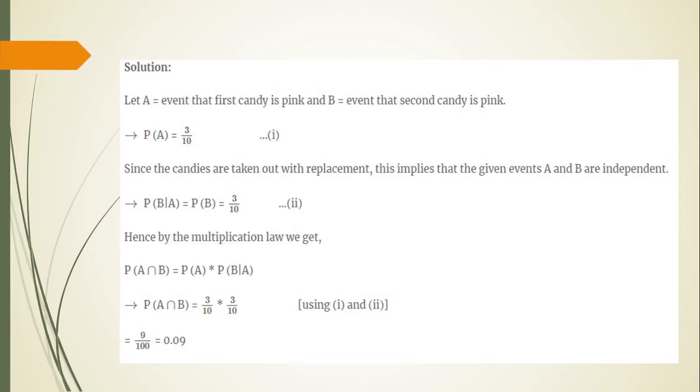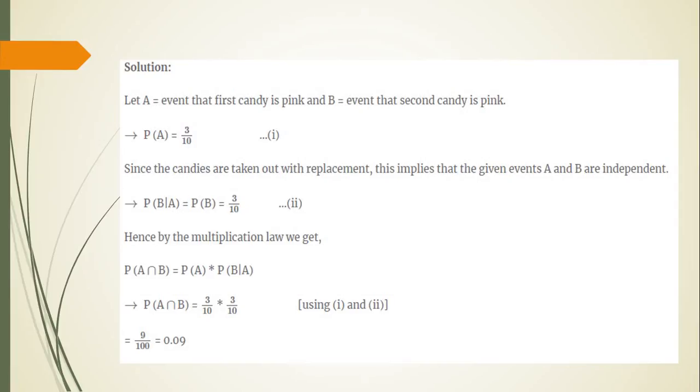Since the candies are taken out with replacement, the events A and B are independent. So the probability of B given A is equal to the probability of B, which is 3 by 10.